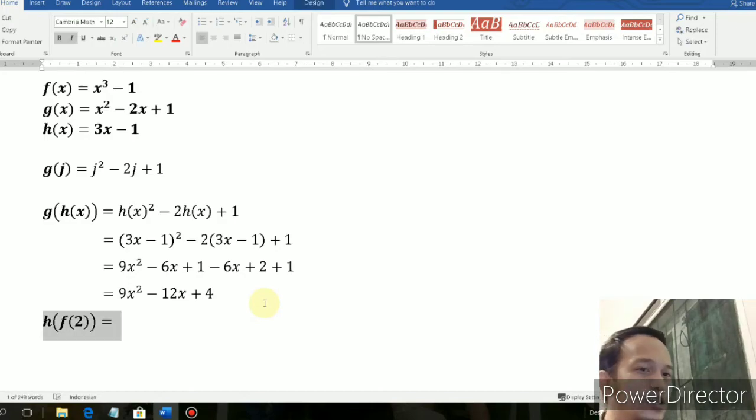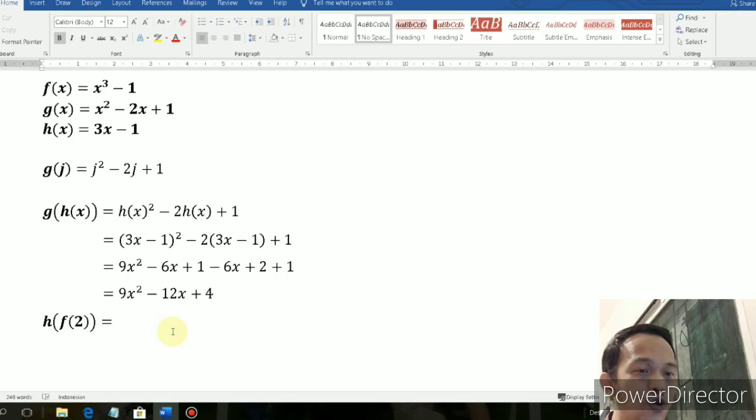And the last one that I want to introduce to you is this. What is the value of h of f of 2? It means I want to ask you about the value of y of the third function if I substitute x by the value of f of 2.